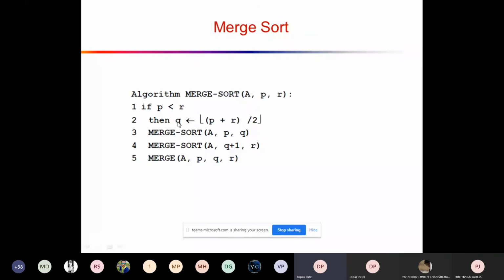So find the middle: middle is low plus high divided by 2, taking the floor of this. This bracket indicates floor. So the second step will give the middle position of the array.